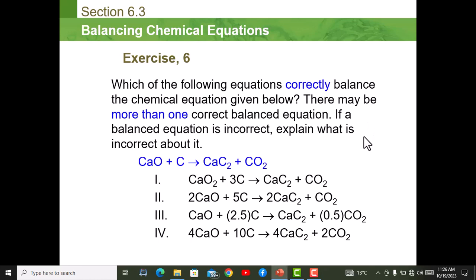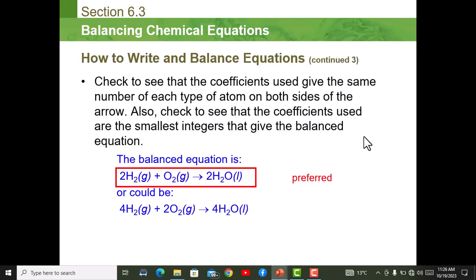Was it here? Yes. They said check to see that the coefficients used are the smallest integers that give the balanced equation. So we can use the smallest integers or a little bit higher integers. So there can be more than one correct solution for that. So let's go here.